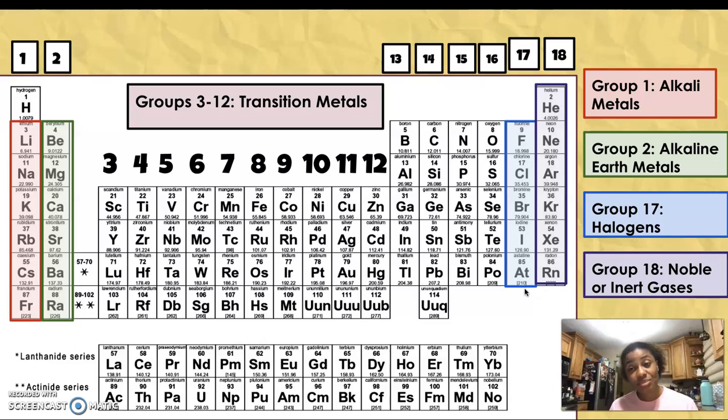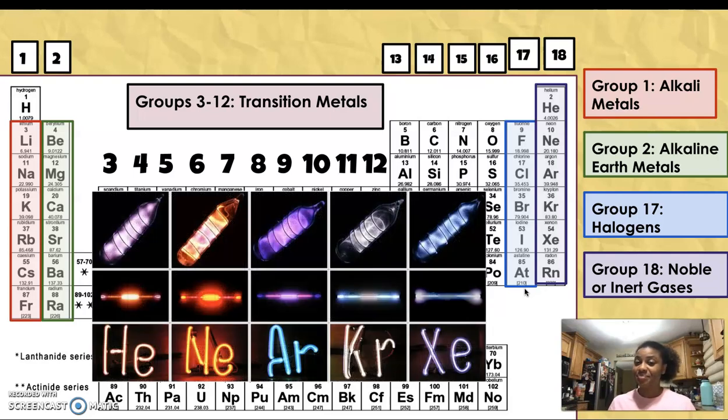Maybe you didn't realize you noticed that they were around: neon, like in a neon sign, and helium, like in a balloon. Remember, they go vertically, so they're in a group and have similar characteristics. When you run electricity through them, they fluoresce, which is pretty neat, to us anyhow.